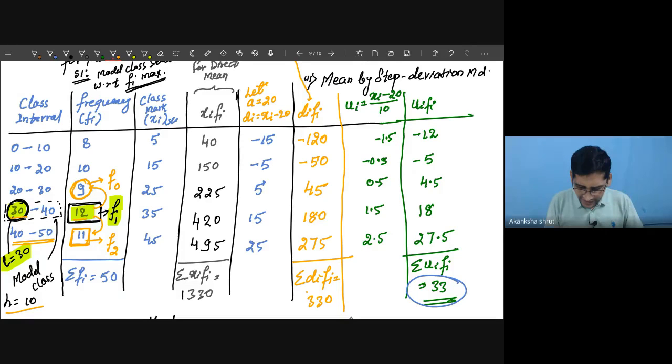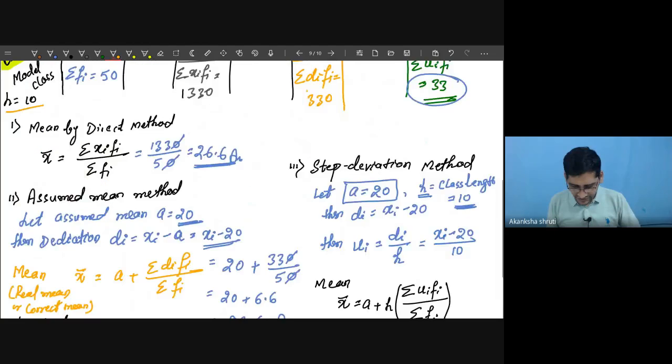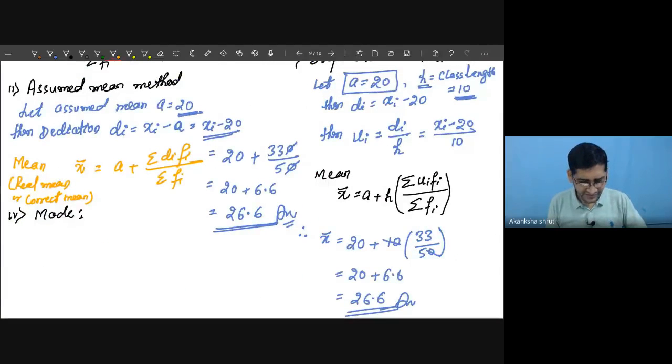And F0 is the frequency before this 12, it is 9. And the frequency after this 12 is F2. So this data you have to write once again. So here our modal class is 30 to 40. You write like this.